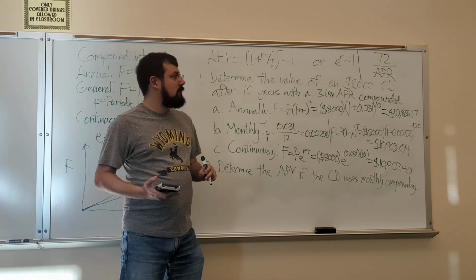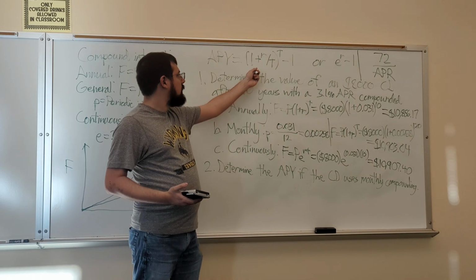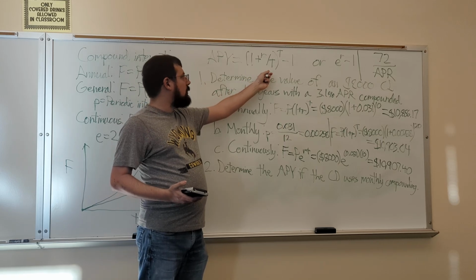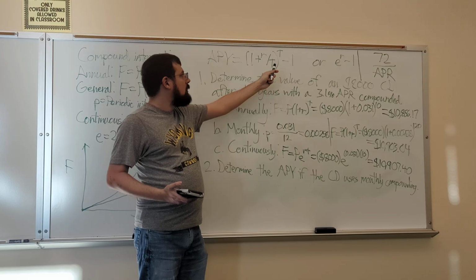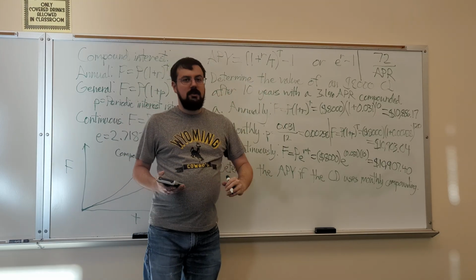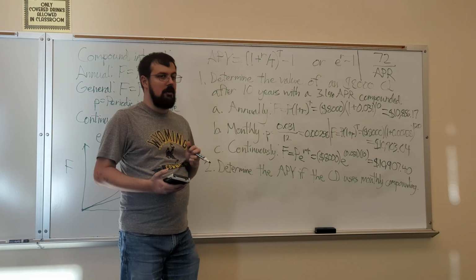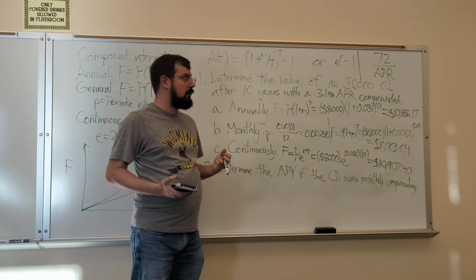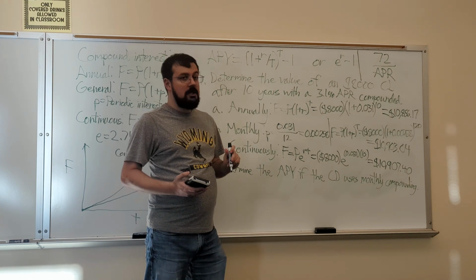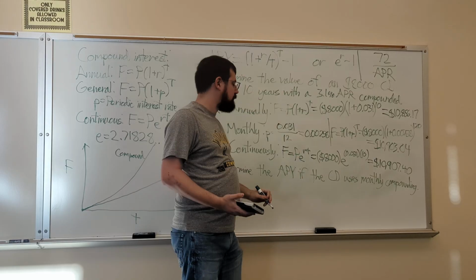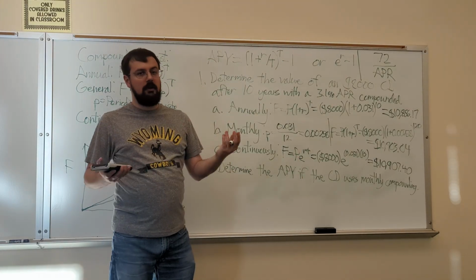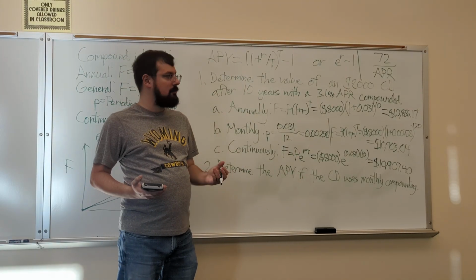So the formula that we use to find APY is up here, 1 plus R over uppercase T to the T minus 1. In this case, uppercase T represents the number of times that compounding occurs within 1 year. Or in the special case that we're using continuous compounding, it's just e to the R minus 1. Once again, R in this case is our APR expressed as a decimal.